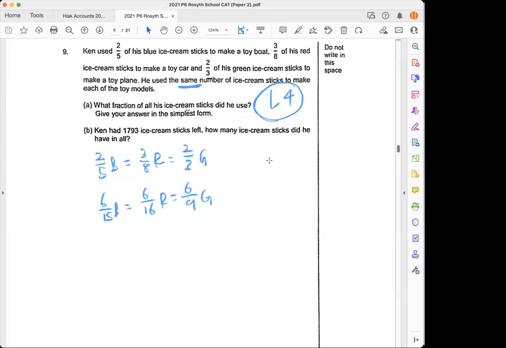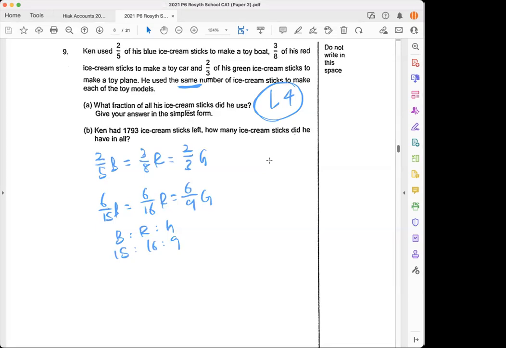So this is green. Once you have the equivalent proportion, after you make the numerators the same, the denominators represent the totals. So the total of blue to red to green is 15 to 16 to 9. In other words, blue has a total of 15 units, red 16 units, and green 9 units.